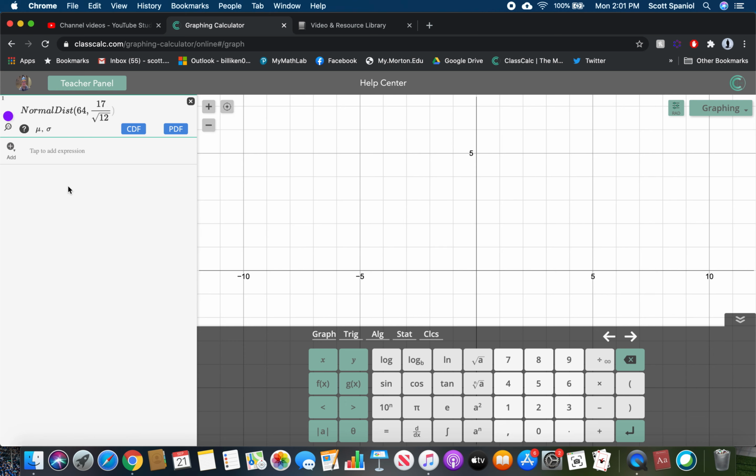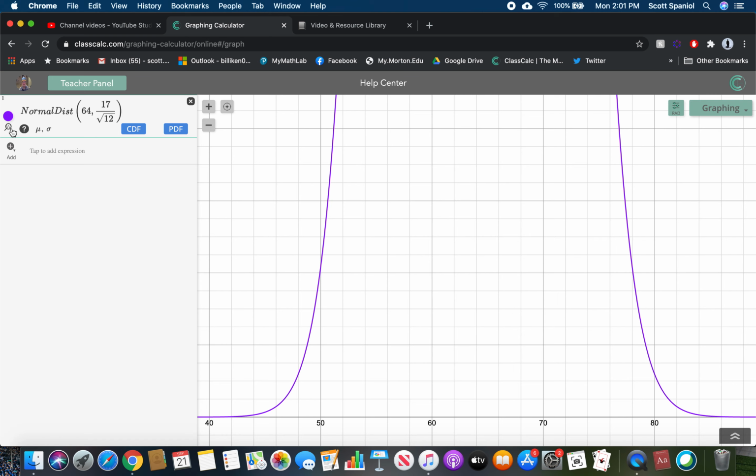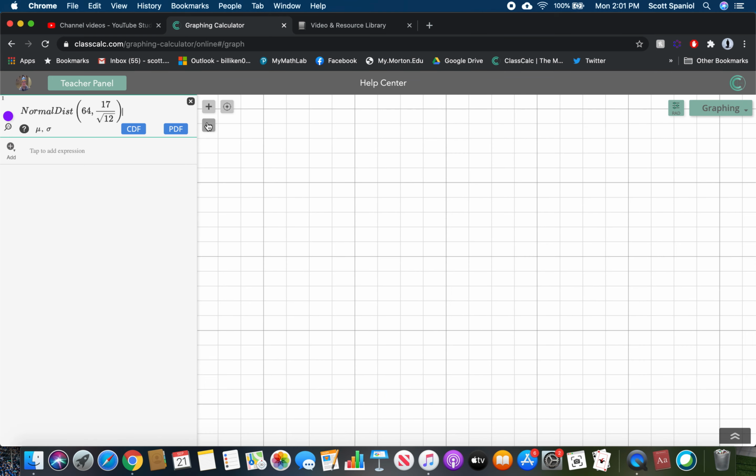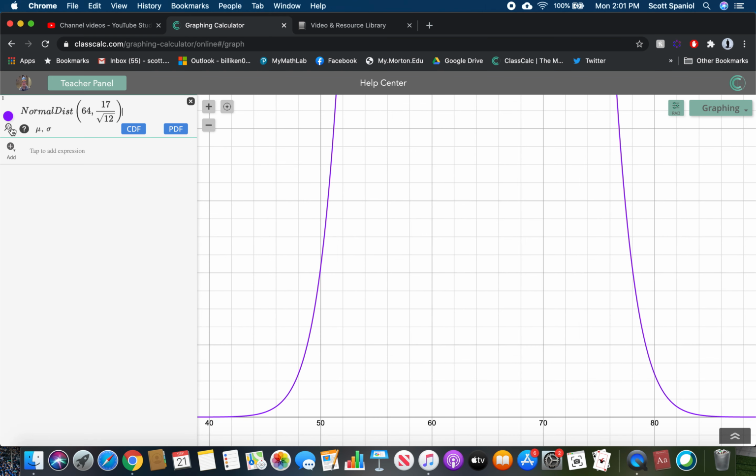And I would always type it out like I just did here, because you don't want to have rounding errors. So type out your square root. And then I can zoom in on it. Oh, that kind of zoomed in weird. Let's just back out. Something weird is going on here.